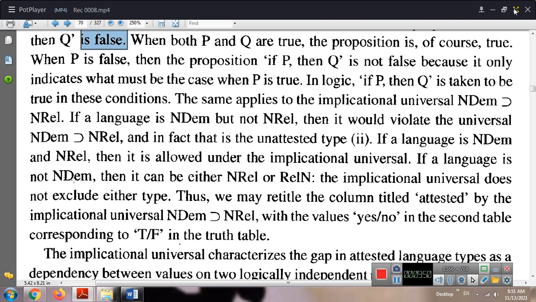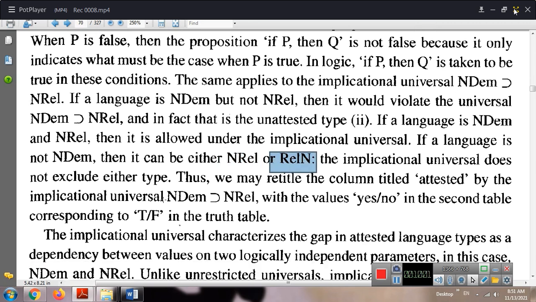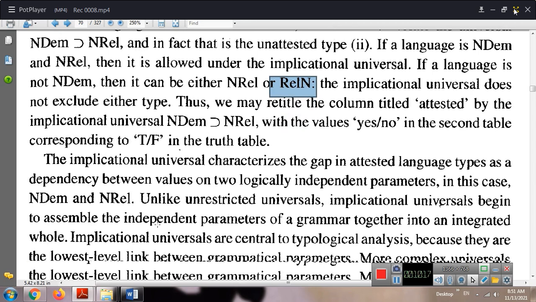If a language is not noun demonstrative, then it can be either noun relative or relative noun. The implicational universal doesn't exclude either type. Thus, we may retitle the column title "attested by the implicational universal: noun demonstrative then noun relative" with the values yes and no in the second table, corresponding to true and false in the truth table.